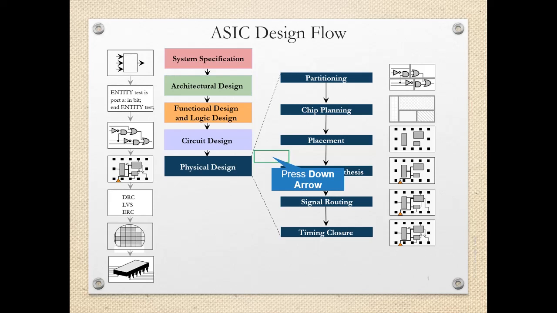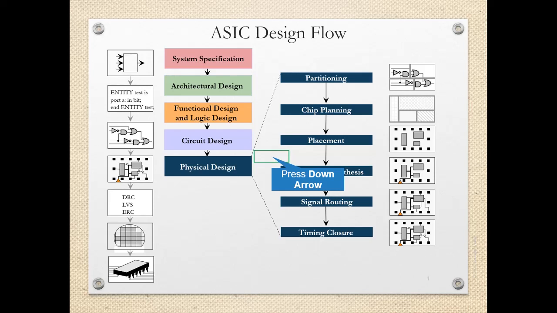So after that, the next step is chip planning. So on which chip which parts of the circuit will be implemented, that is the chip planning. Next to that is the placement. So in the chip planning, we arrange the different blocks of the chip in a particular fashion depending upon the netlist created.